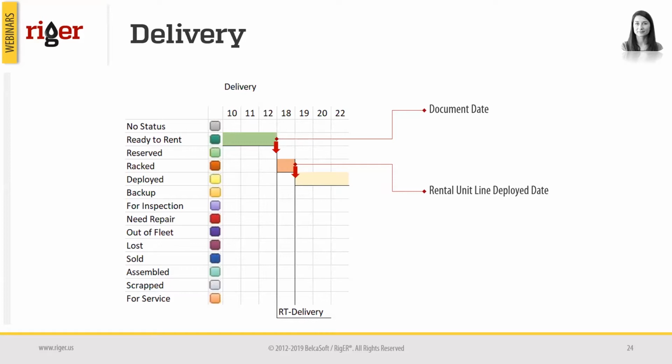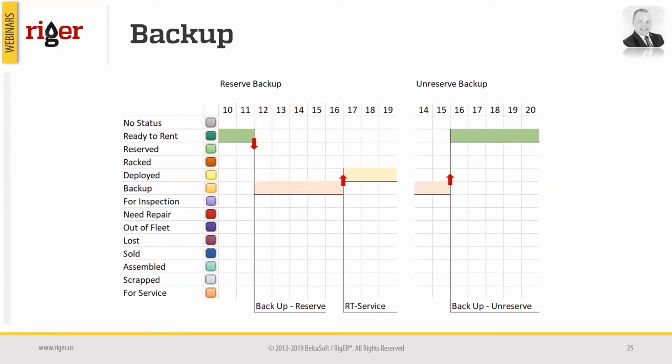When we return equipment, we can have a two or three day delay between the job finishing the rental period and actually moving equipment back from the field to our yard. Another optional thing is a backup, when you set up and reserve equipment for running jobs as a backup unit to do swaps.